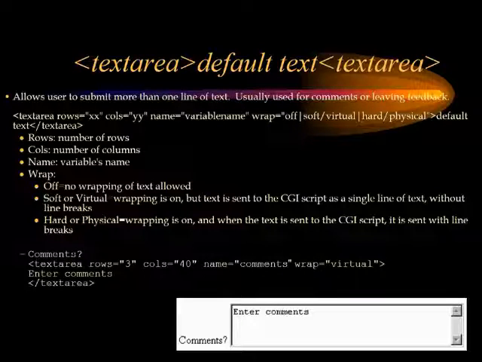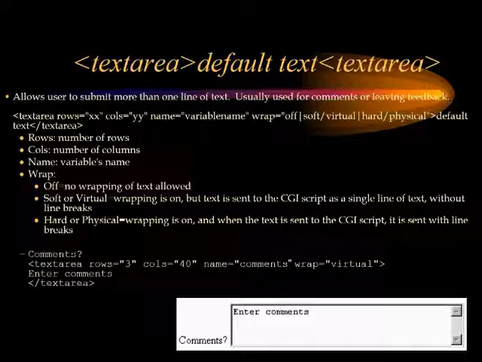Examples might be, in the case of social media, a place for people to put in their status update or their Twitter post, or anything where they want to put in large amounts of information. Or in the case of a blog, you might want a comments section where people can type in their comments. To create this, it's done with the textarea tag.